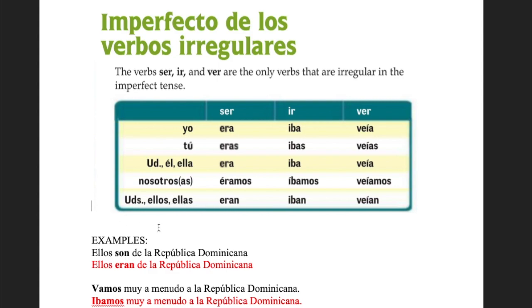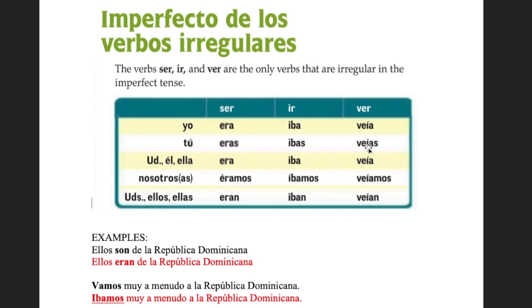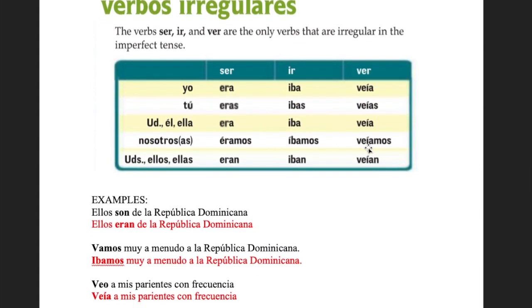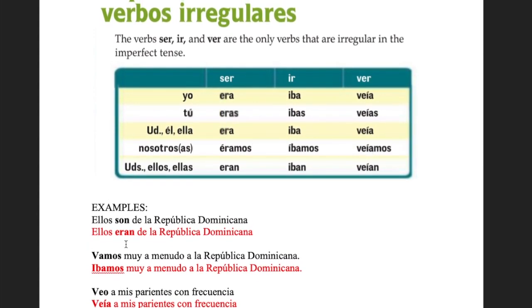When talking about this, obviously you're either going to see ser, ir, or ver, and then it's going to ask you to conjugate that, right? For your examples, right here, you'll see the word son, vamos, and then veo. Son is another form of the word ser, okay?